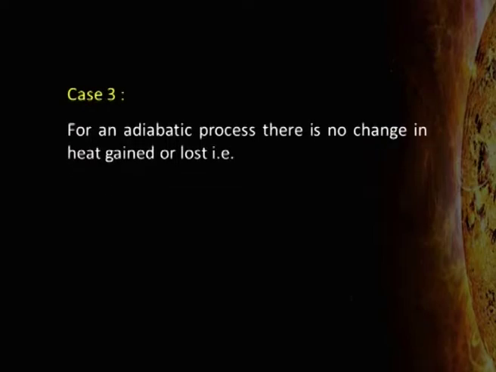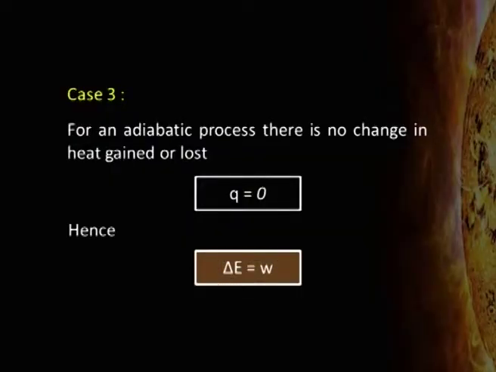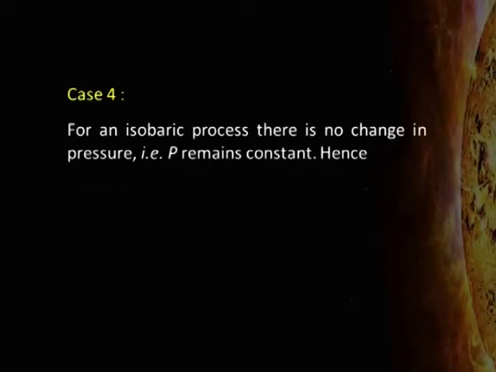For an adiabatic process, heat transferred to the system or from the system is equal to 0, that is Q is equal to 0. Therefore, putting the value of Q equal to 0 in the expression for first law of thermodynamics, we will get delta E or delta U equal to W. For an isobaric process, pressure remains constant.